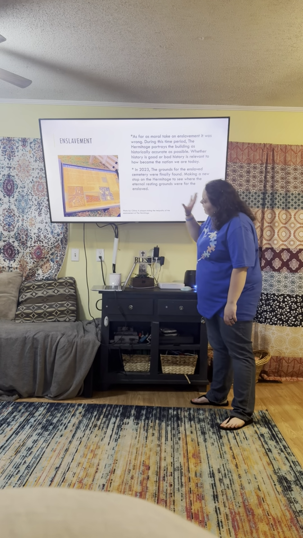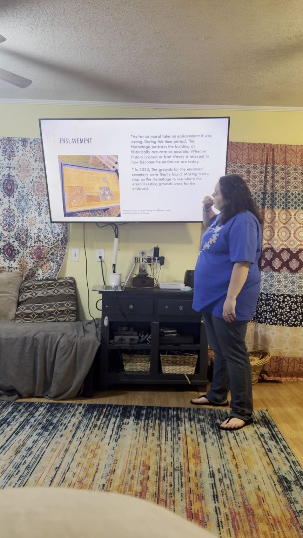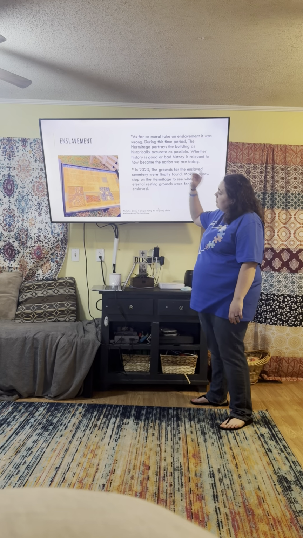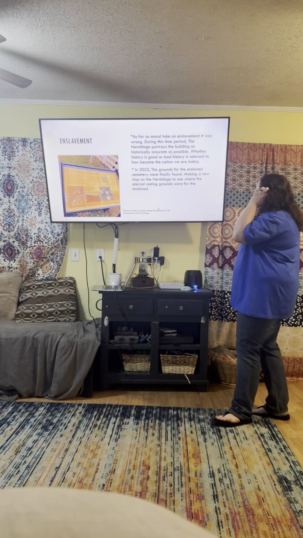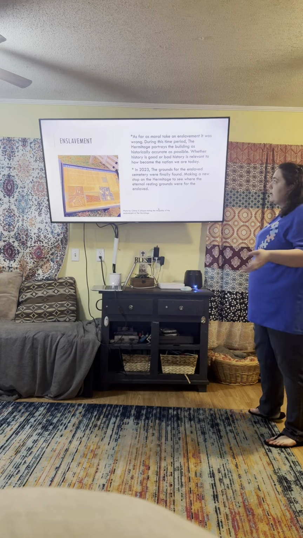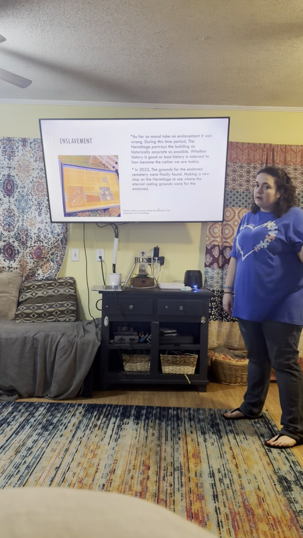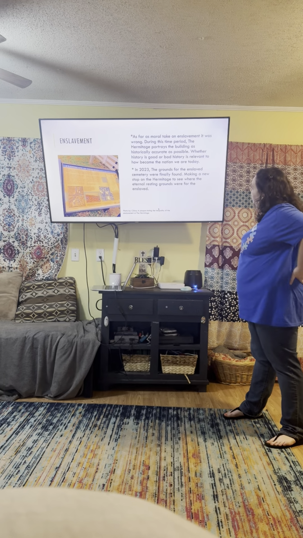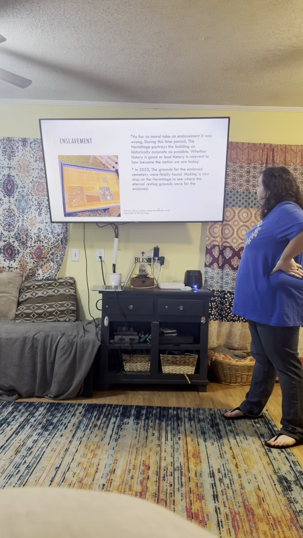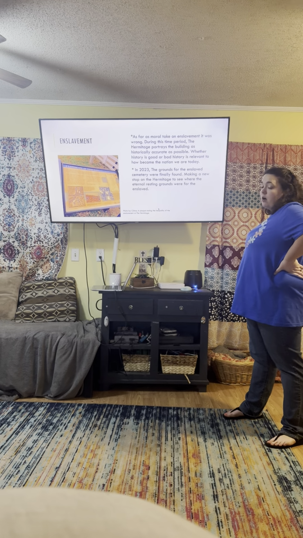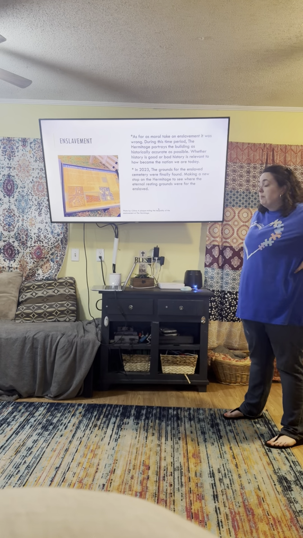So this was actually outside of Uncle Alfred's. As far as a moral take on enslavement, yes, it was wrong, but during this time period, the Hermitage property portrays the buildings as historically accurate as possible. So whether it's good or bad, this is how the nation was and how we became today.